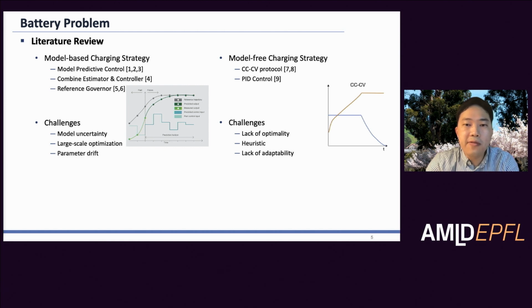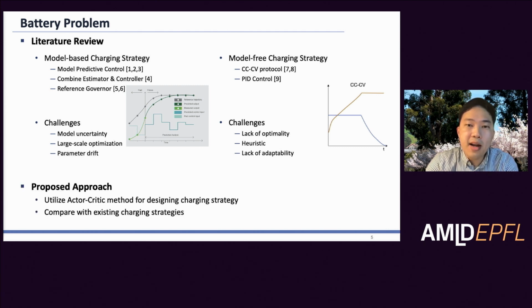In this model-free charging strategy, the challenges are as follows. First, we have a lack of optimality. Those profiles can be obtained by heuristics. And second, there is also a lack of adaptability. Since it is manually fitted to the current model, once the parameters change, we will see that it immediately violates the constraints.